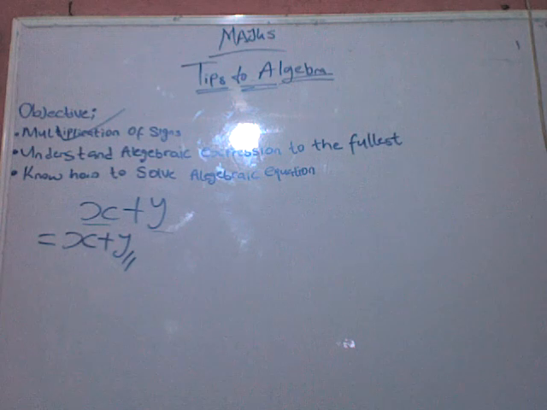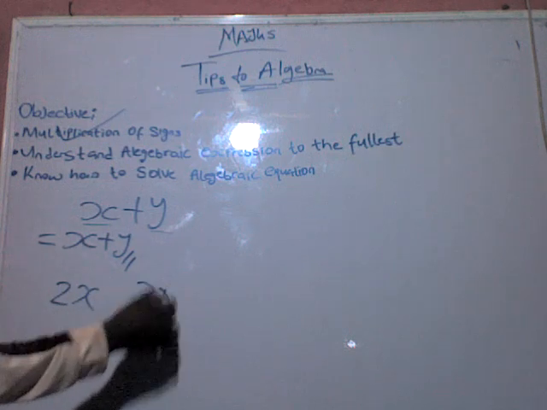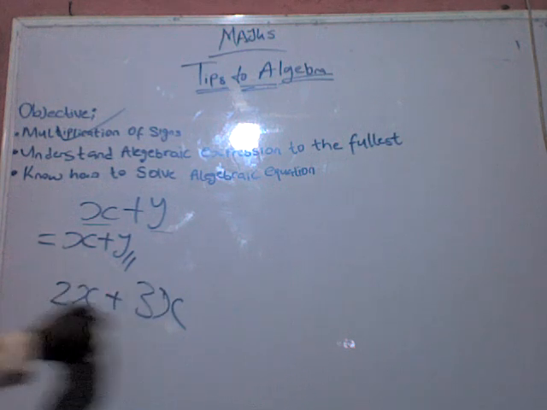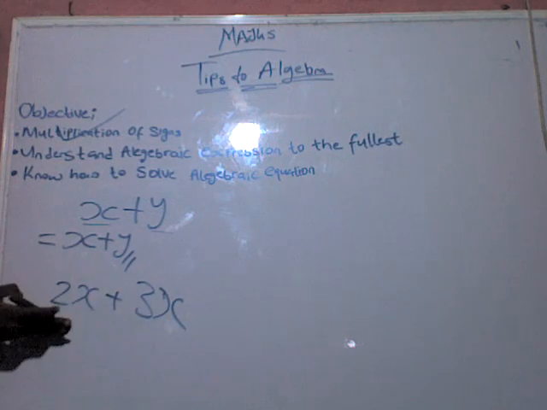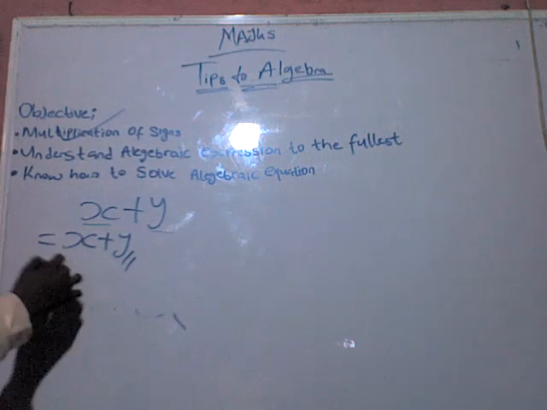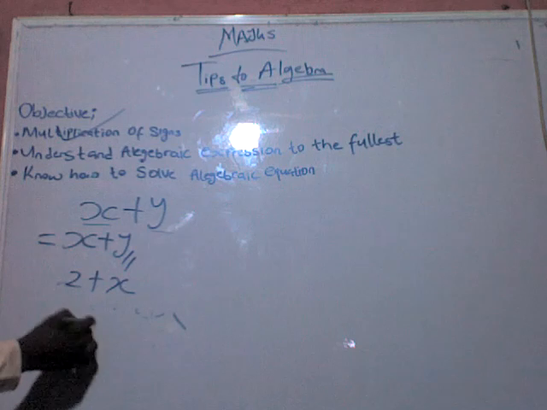Some of you will be thinking, so how do we now always have 2x or 3x? How did the 2 and x come together to become 2x? Is it 2 plus x? We all know that 2 plus x is not possible, so 2 plus x cannot give us 2x.